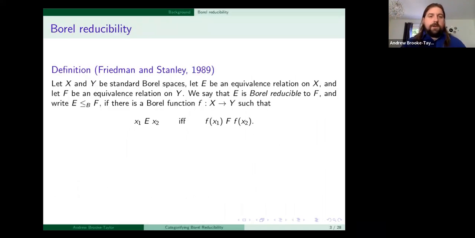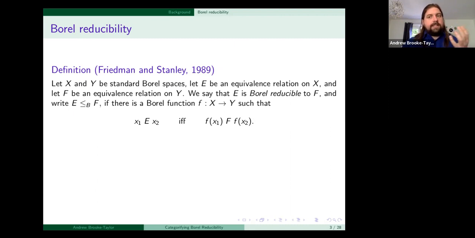And so here's the definition. If you've got X and Y standard Borel spaces, E an equivalence relation on X, F an equivalence relation on Y, we say E is Borel reducible to F if there's a Borel function from X to Y such that two elements are E equivalent if and only if their images are F equivalent.